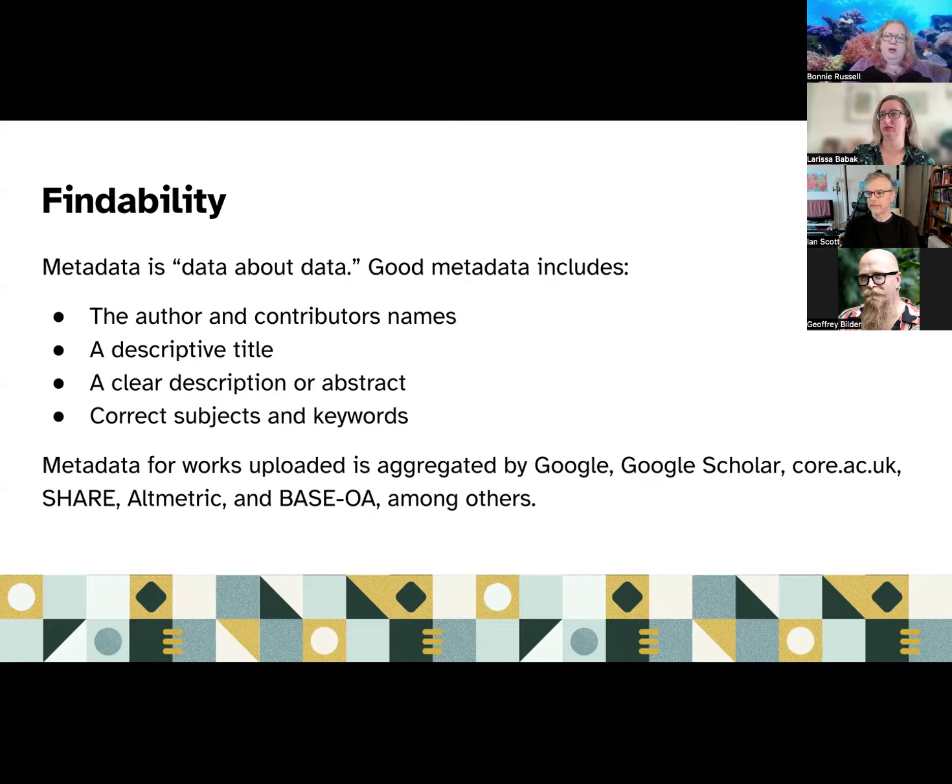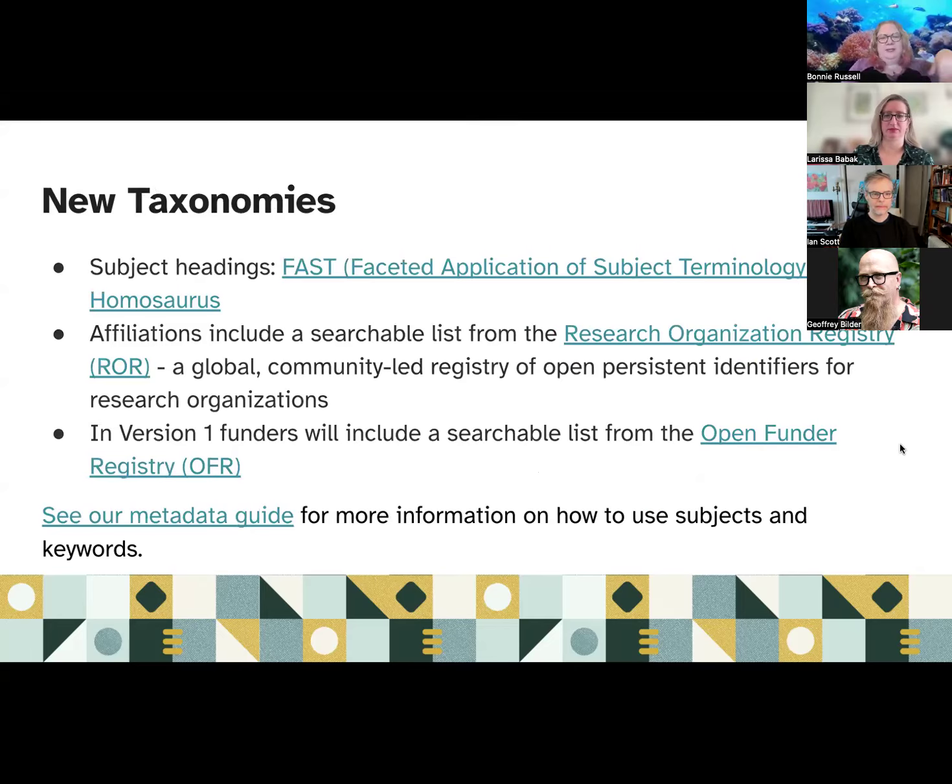And so those are a fixed set of items that you can use to describe your work, but those are very important for things like aggregators and also for libraries. Metadata for works is aggregated by a number of different entities on the web, so you do have an expanded findability. Next slide. And pardon me, I'm still getting over a cold.